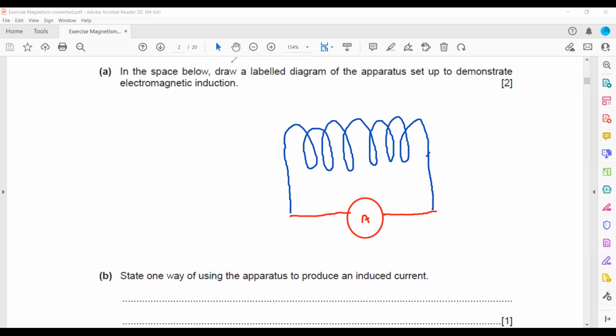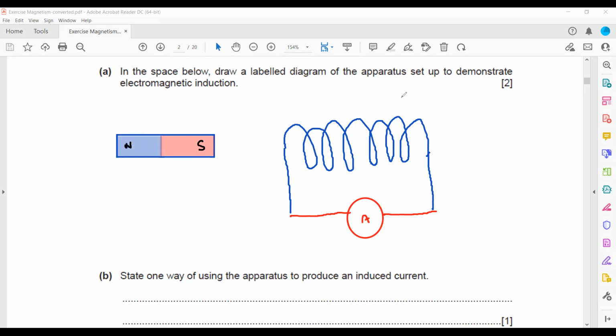And then a magnet should be there. Any pole can be facing, like it can be a north pole facing or a south pole. As it did not mention, you can select any of the poles. So one side will be south, another side will be north. So this is a south pole and this one is a north pole.